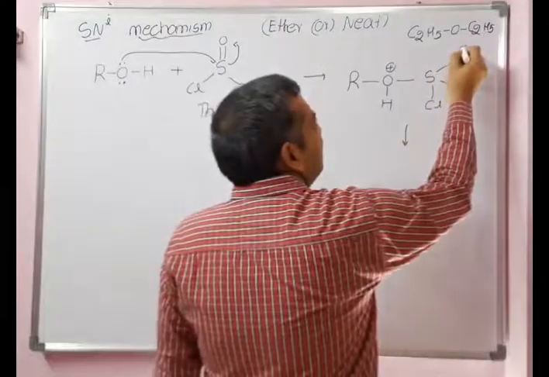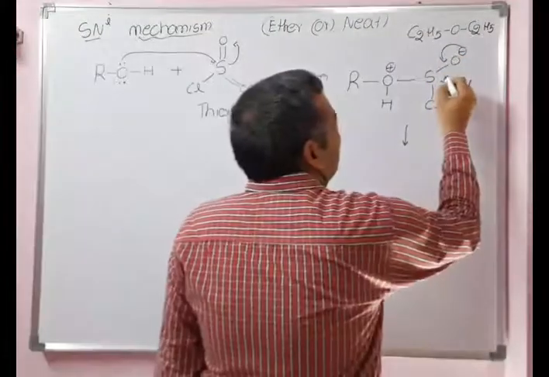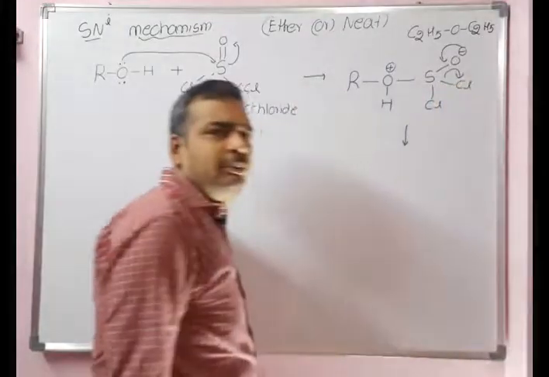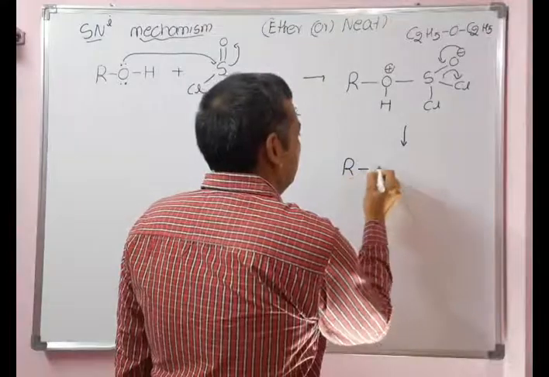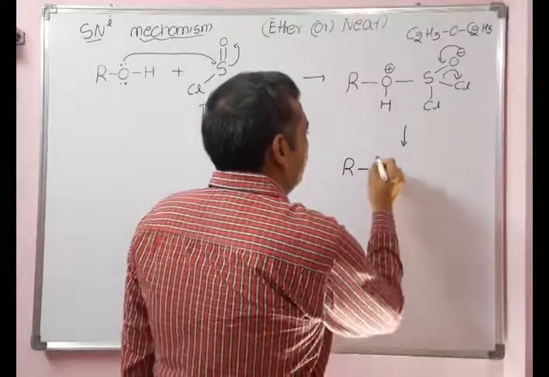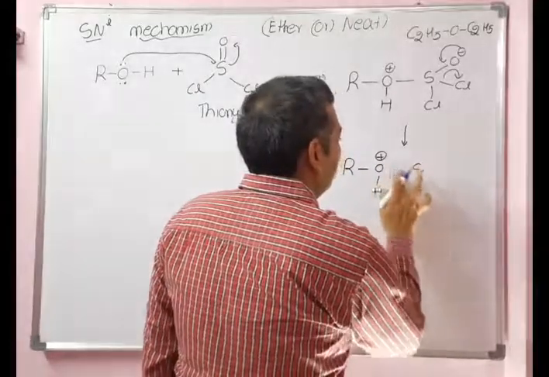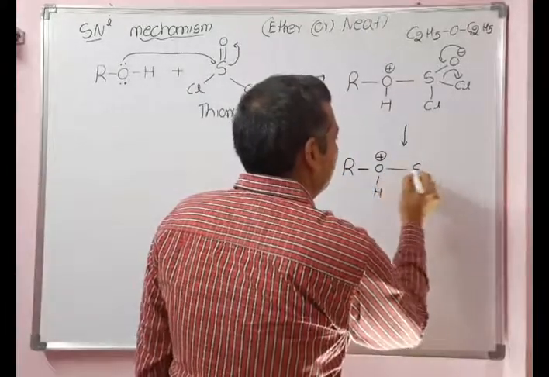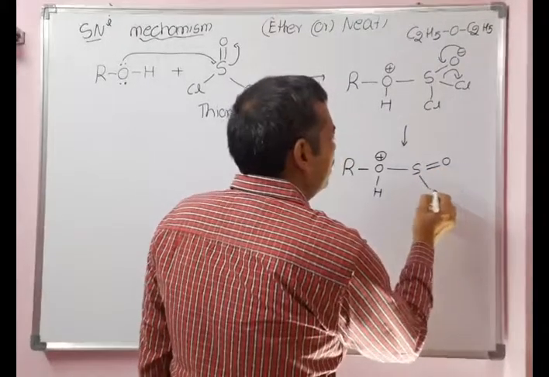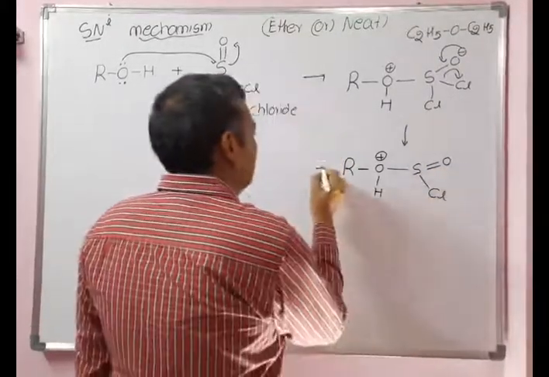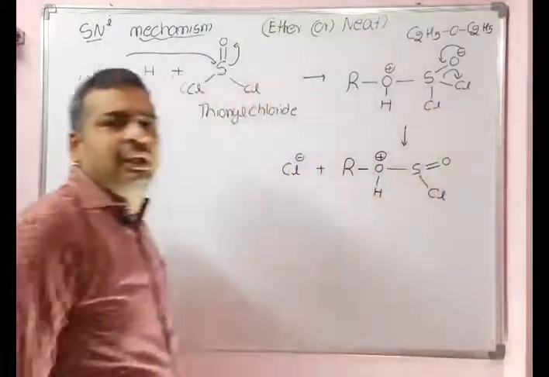After that, the negative charge on oxygen is polarized like this, and one chloride will be removed from the intermediate. As a result, R-O positive charge, sulfur double bond O and Cl, and one chloride ion, Cl minus, is removed from the intermediate.